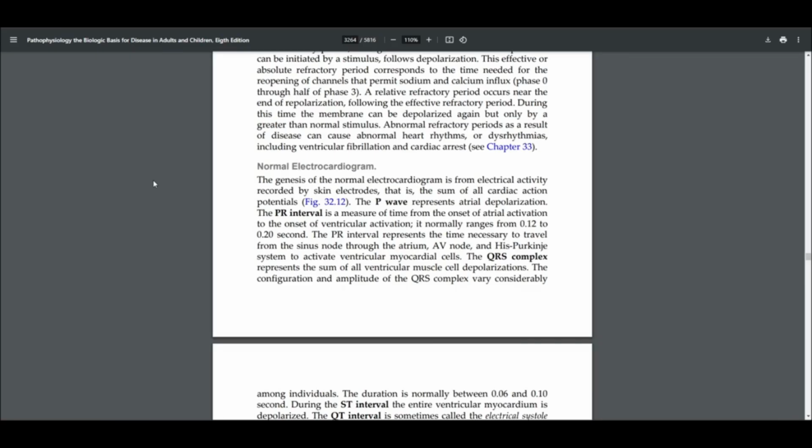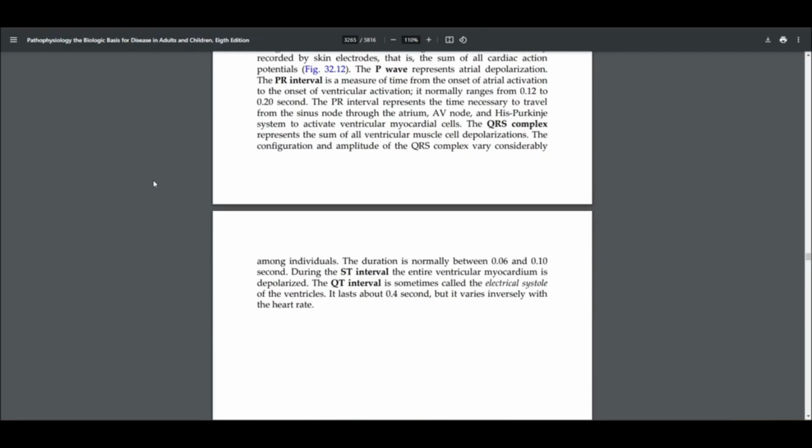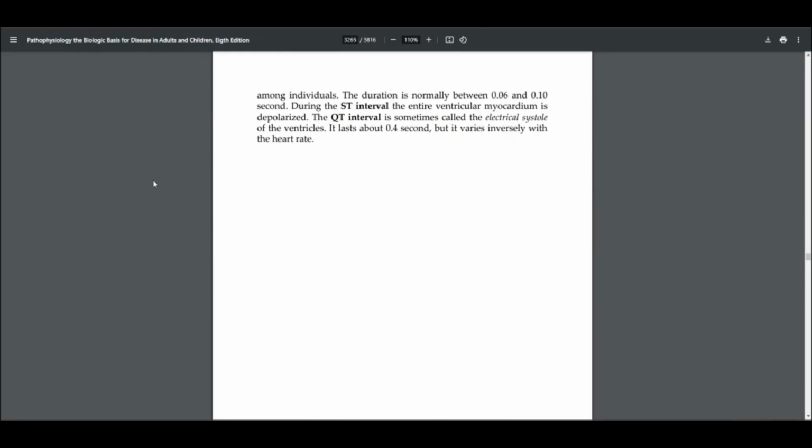The QRS complex represents the sum of all ventricular muscle cell depolarization. The configuration and amplitude of the QRS complex vary considerably among individuals. The duration is normally between 0.06 and 0.10 seconds. During the ST interval, the entire ventricular myocardium is depolarized.